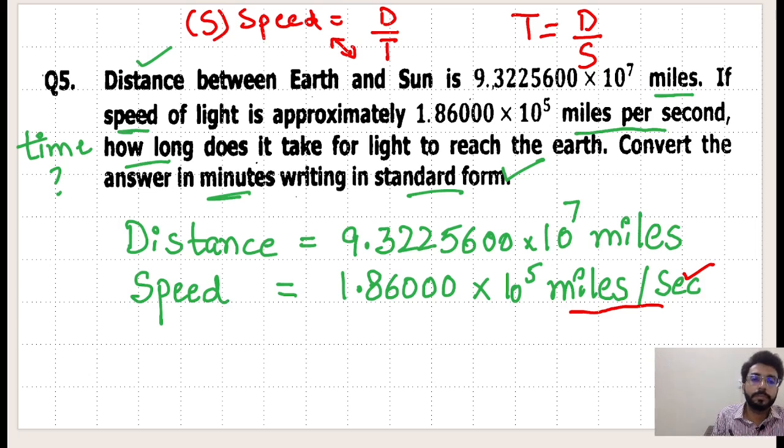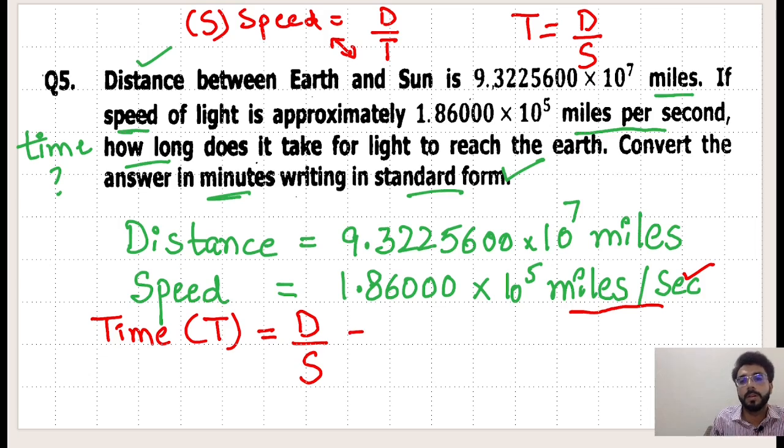So time T will be equal to distance divided by speed. After dividing these two terms, first of all, write this 9.32. So let's write in another slide, as there is less space here.